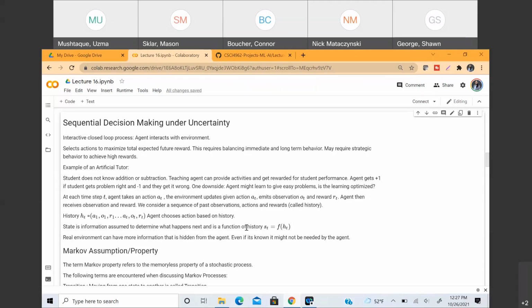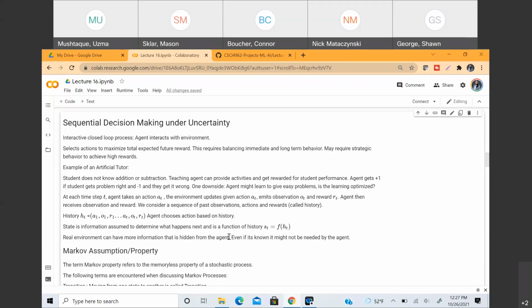One quick example of a reinforcement learning system could be a student tutor, an artificial tutor. Let's say we want to build an artificial tutor on some platform, and so the tutor is going to be the agent, and the student is going to be my environment.